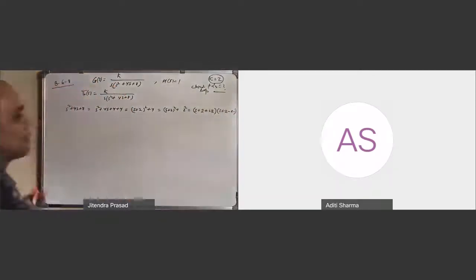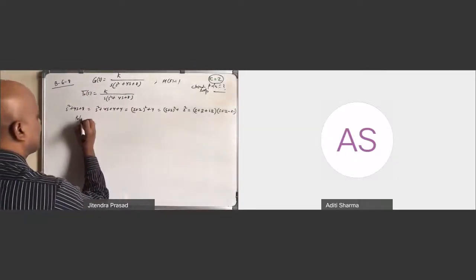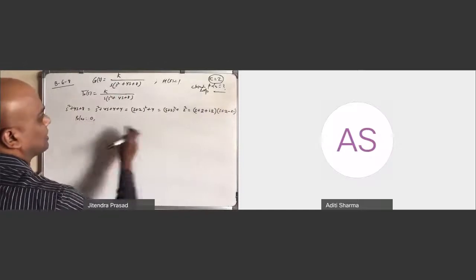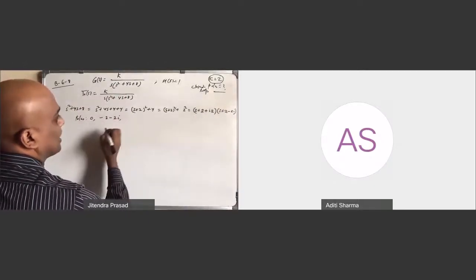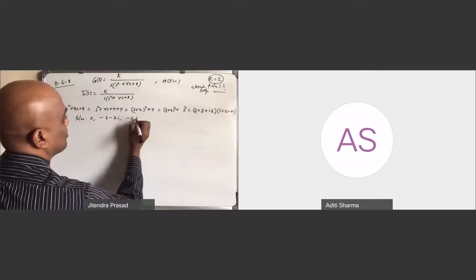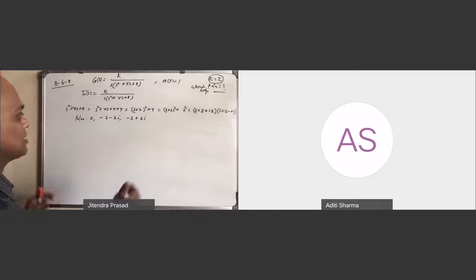So hence our poles are 0, and then minus 2 minus 2i and minus 2 plus 2i. So we have this situation, right?